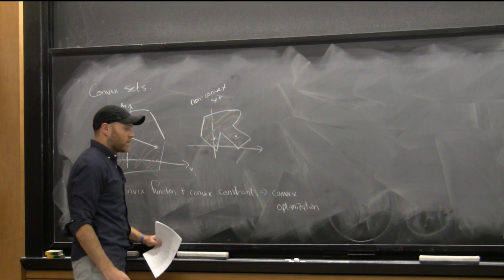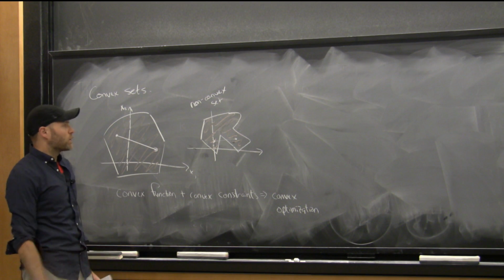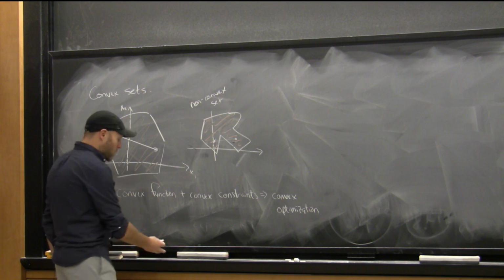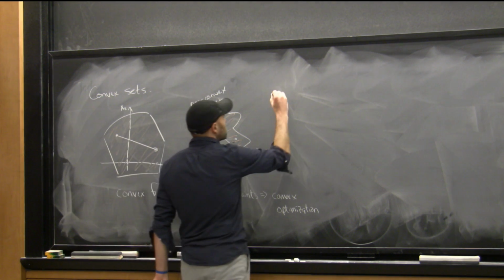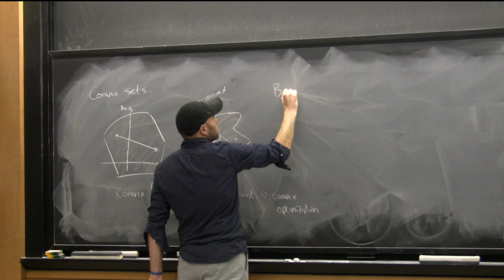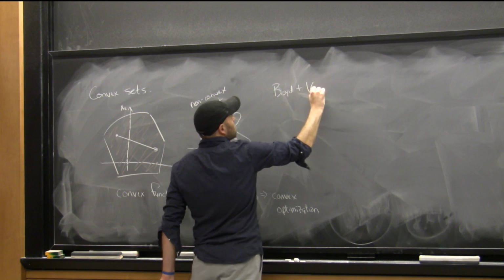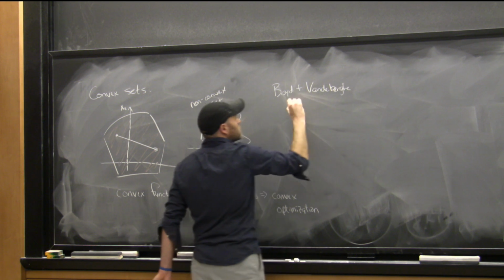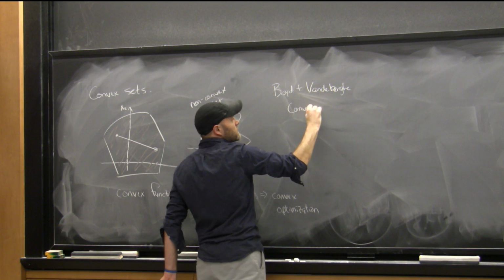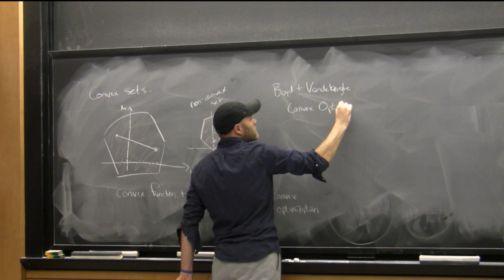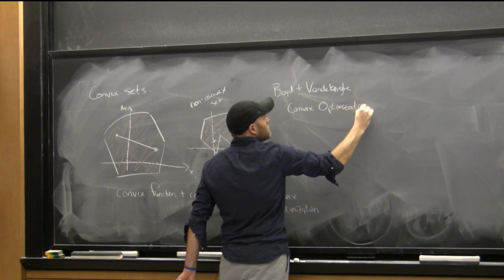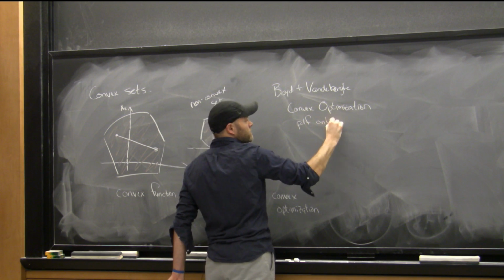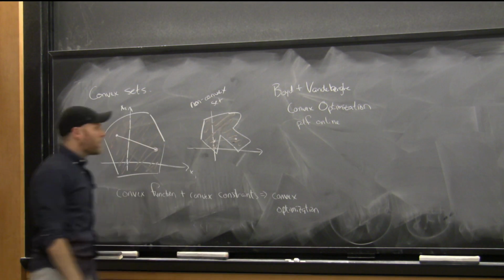I think it's a very, very powerful set of tools. There's a great book by Steve Boyd and Vandenberghe at Stanford, called Convex Optimization. The PDF is online. It's the best reference I can give you to all this stuff.